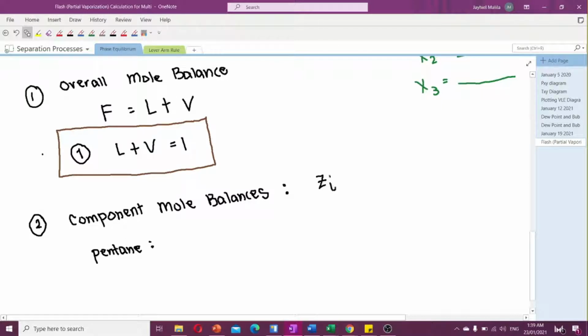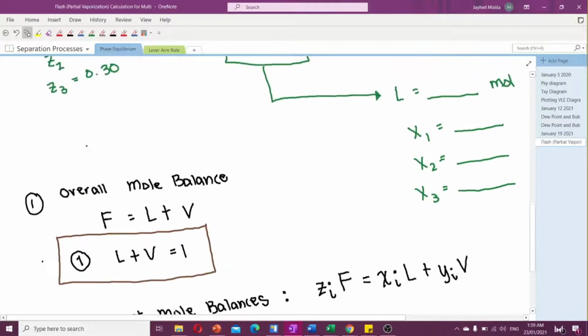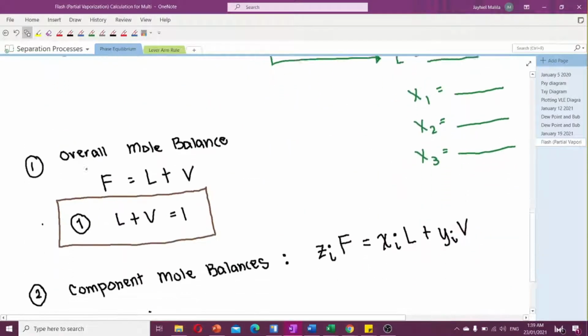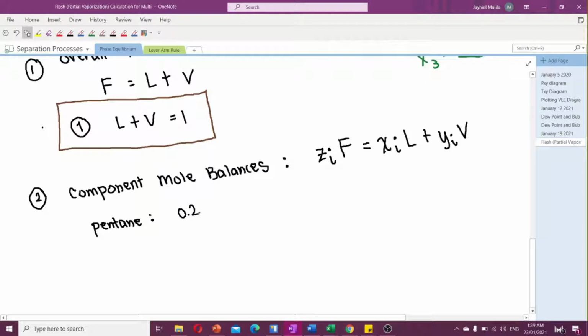For pentane, I will just write the format: Zi multiplied by F. So the mole fraction of the component in the feed times the amount of feed is the amount of the component in the feed, equal to Xi times L plus Yi times V. For pentane, we have 0.25 times 1 equals X1L plus Y1V.